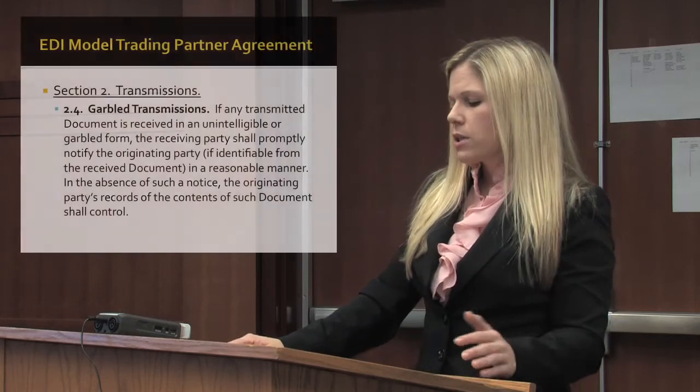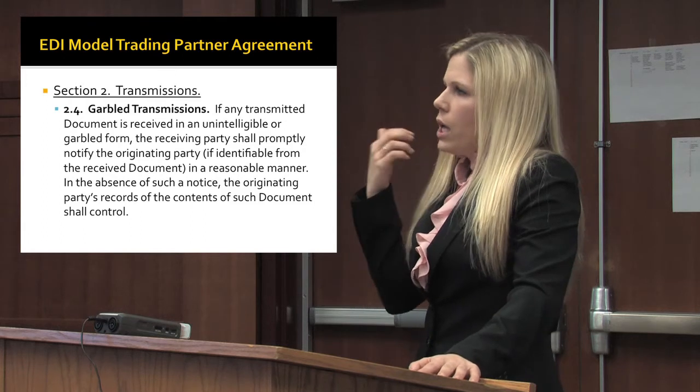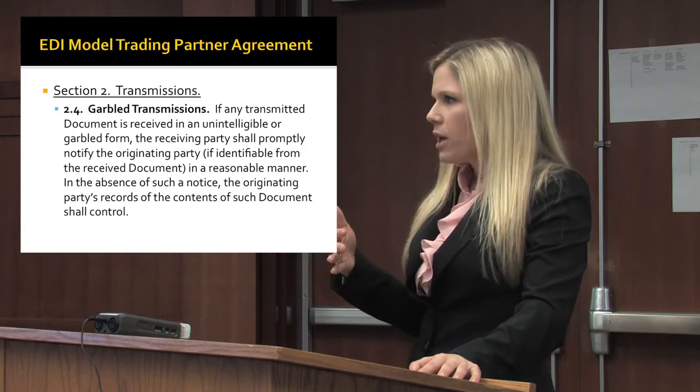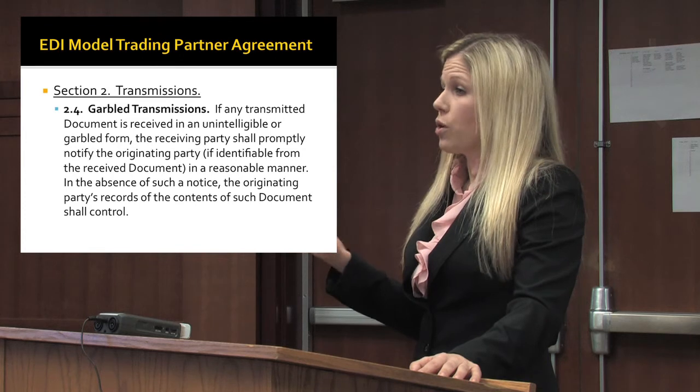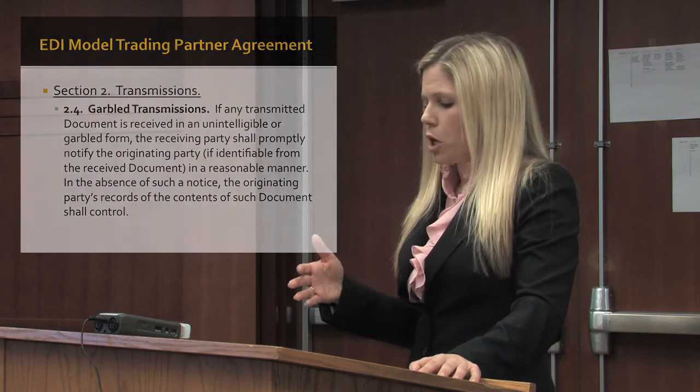Garbled transmissions. Again, Davis kind of touched on garbled transmissions and what they are. In the situation where Company A receives a document that it knows or has reason to know is incorrect, the law of mistake from traditional contract principles, UCC 1-103, still controls. And this provision isn't intended to displace the law of mistake.